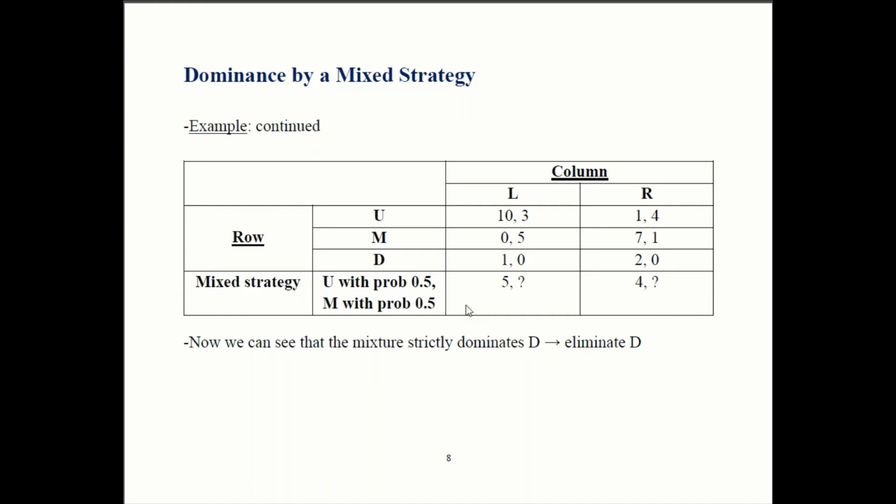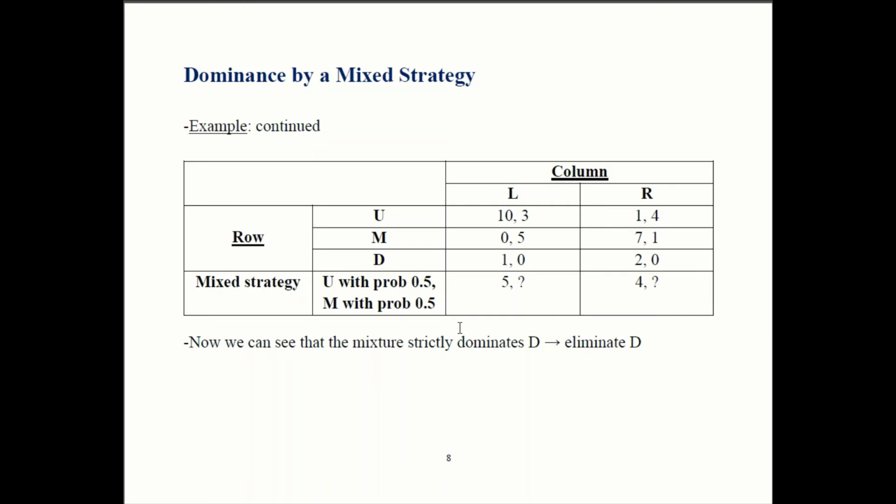The column player's payoffs are not relevant to whether this mixture dominates D. So you just save yourself some work and don't worry about those, because all that needs to happen is the mixture has to be better than D for the row player.